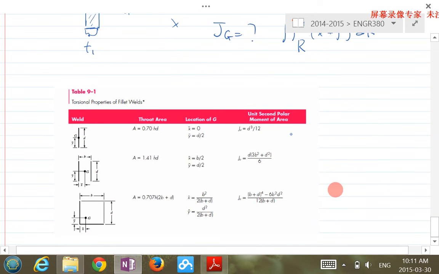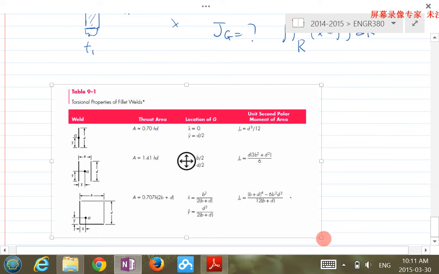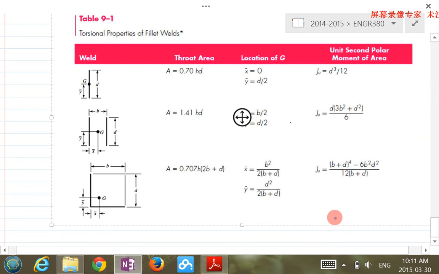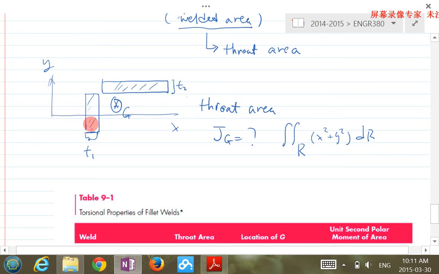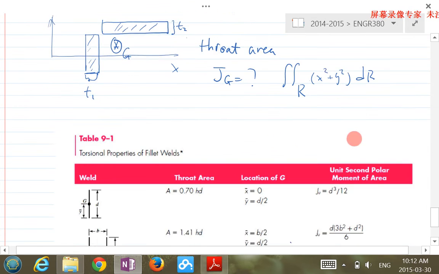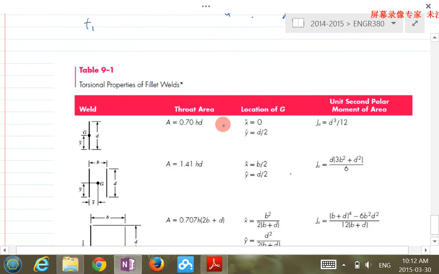Now, what does this table tell us? This is how you read this table. First, let's go back to this generic drawing. When you calculate the JG, you base it on certain T1 and T2, the throat length T. But if we set this T1 or T2 as a unit length 1, then we are able to generate a table like table 9-1.